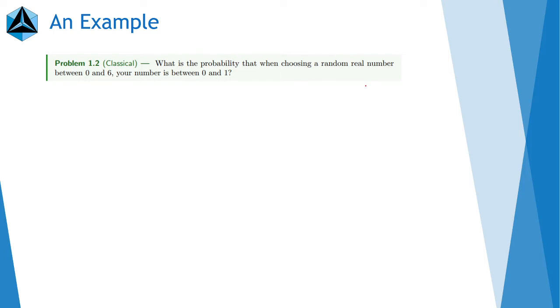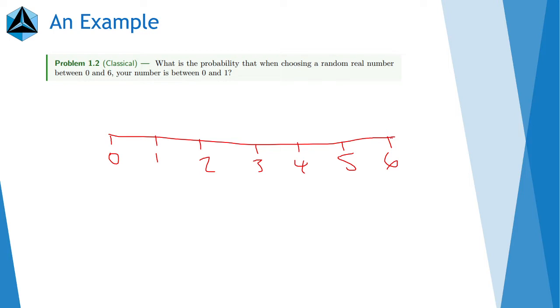For the people that said 1/6, they considered length. Let's take, for example, a number line. We have a number line right here, and you've got 0, 1, 2, 3, 4, 5, and 6. This number line represents our possibilities, because any real number will be on this number line. You could pick something like pi, and it's going to be somewhere over here, right?